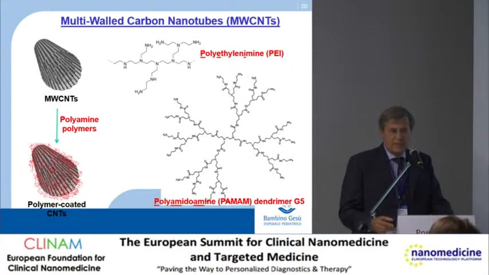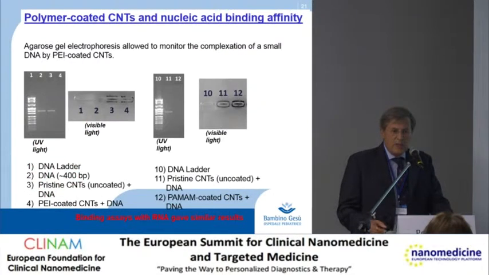We tested multi-walled carbon nanotubes coated with polyamine polymers, either polyethyleneimine (PEI) or polyamidoamine (PAMAM) coating, and we have been able to bind nuclear DNA as well as RNA to these so-called carrier nanotubes.